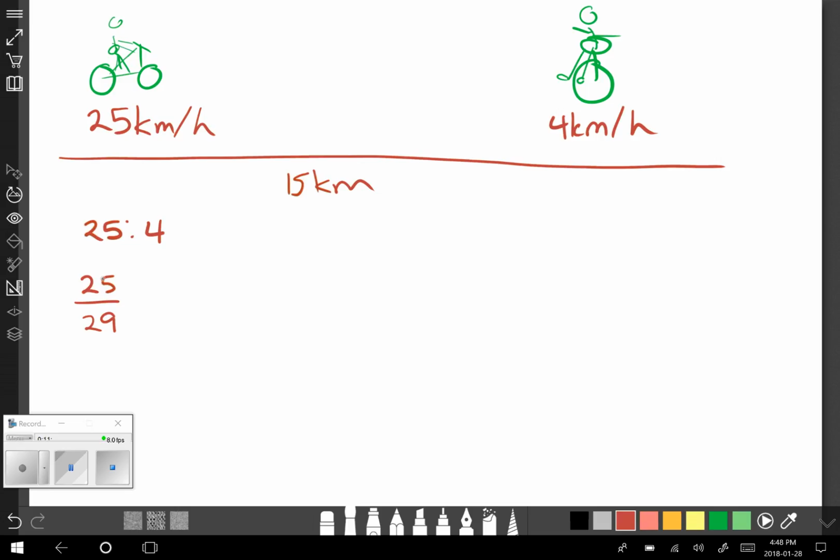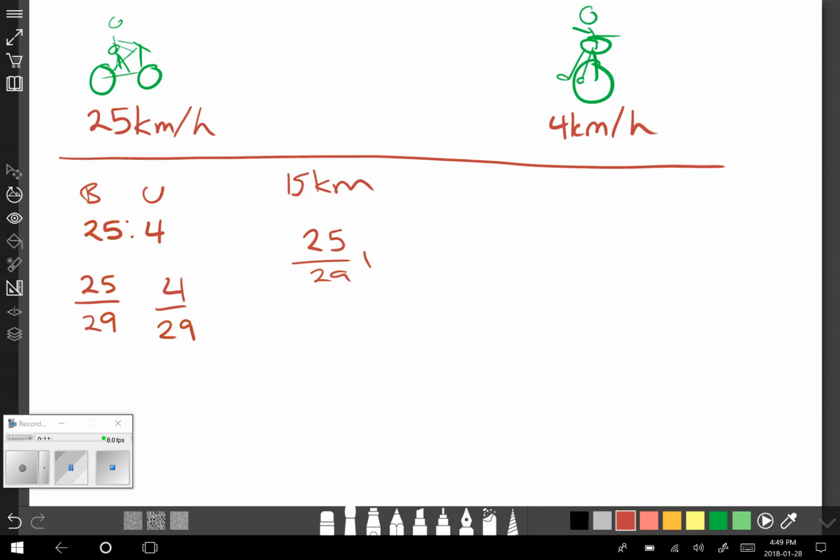So 25 29ths will be covered by the cyclist, and 4 29ths will be covered by the unicyclist, right? All right, B and U for bike and unicycle. All right, so let's figure this out.